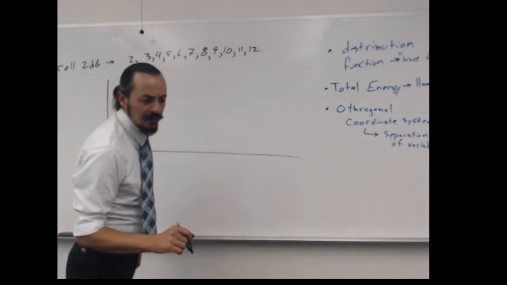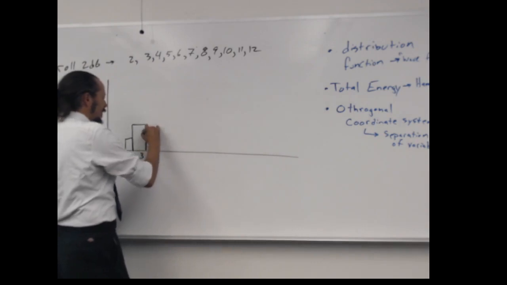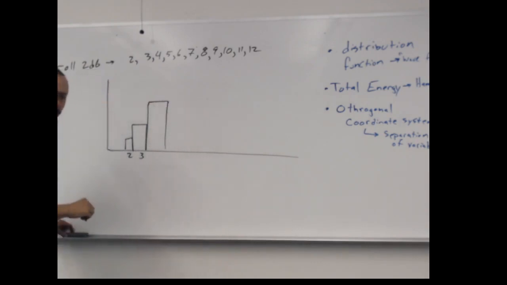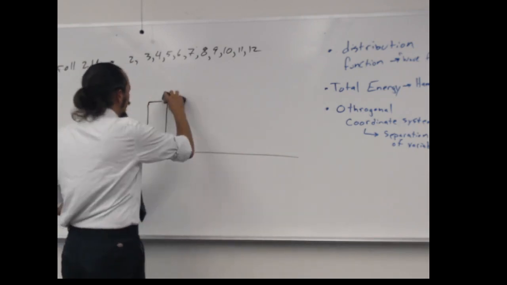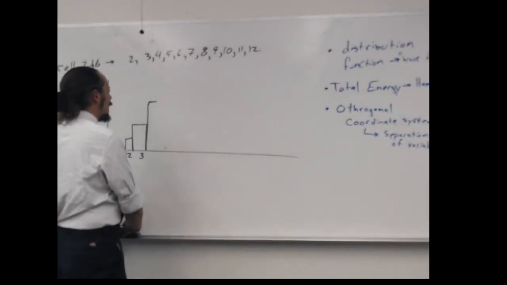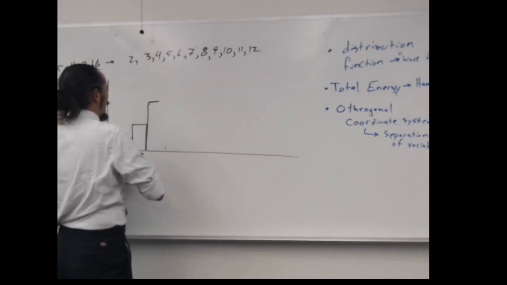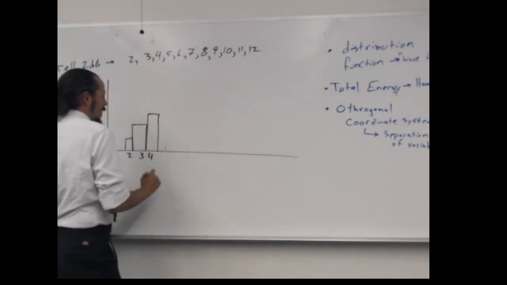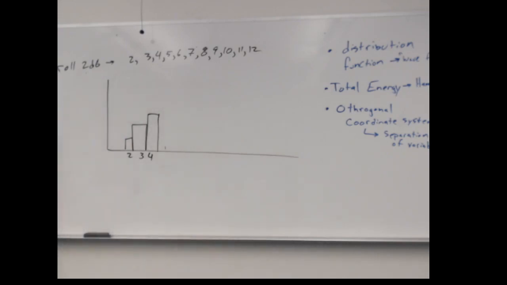There are, is it 4 ways? Why can't I do math in my head right now? Let's see, you can roll, oh no, there's only 3 ways. I made that box too high. There are 3 ways to roll 4. 1, 3, 3, 1, or 2, 2.